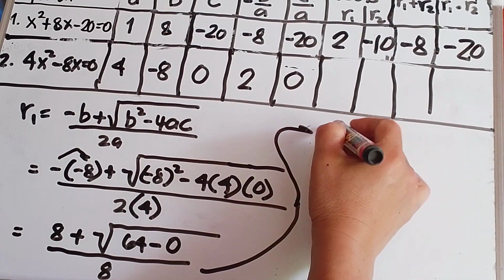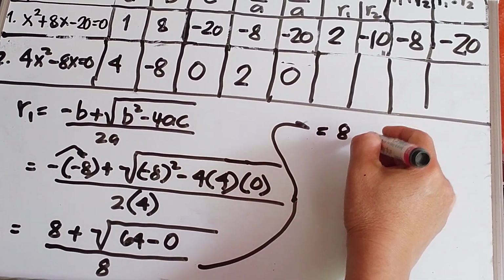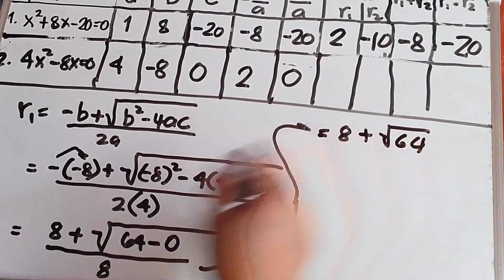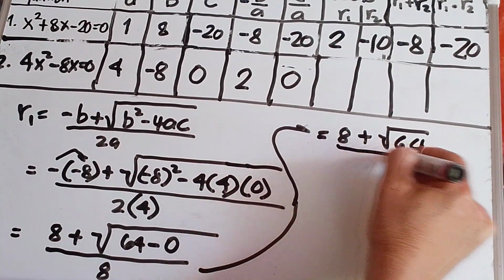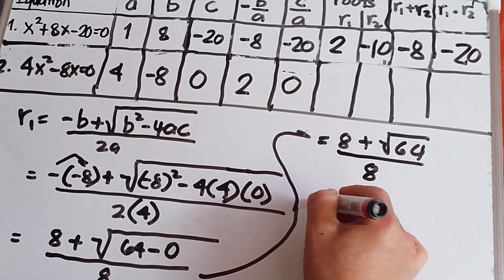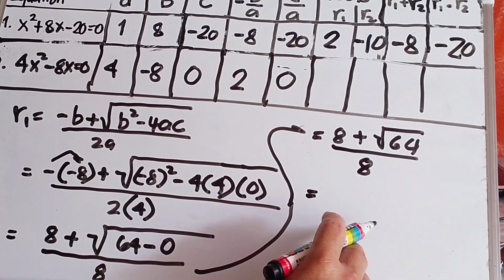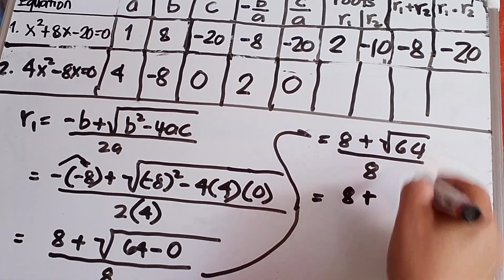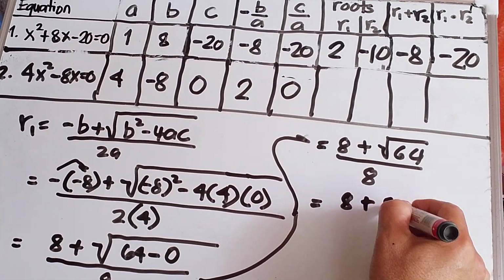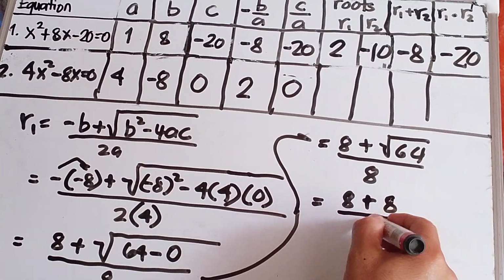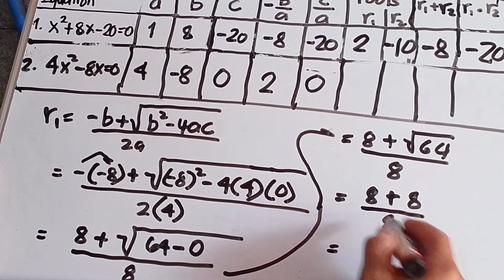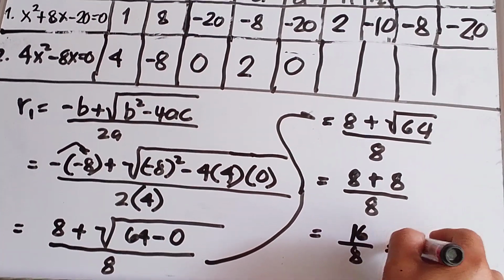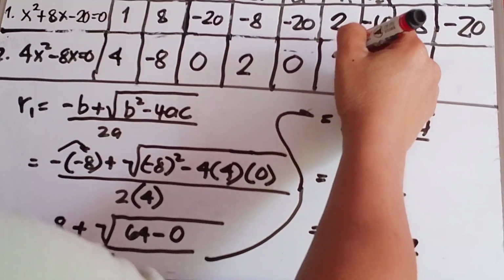So this will be 8 plus square root of 64, because 64 minus 0 is 64. Then over 8. So this will be 8 plus, what is square root of 64? This is 8 over 8. Now what is 8 plus 8? 16. Divide by 8. So I have here equal to 2. So R1 is 2.